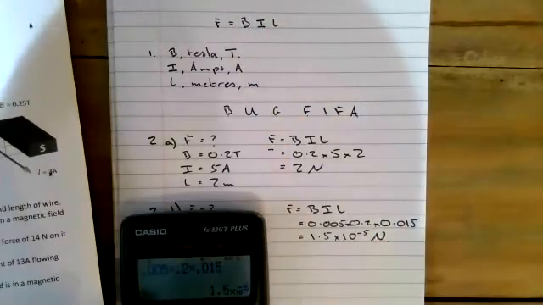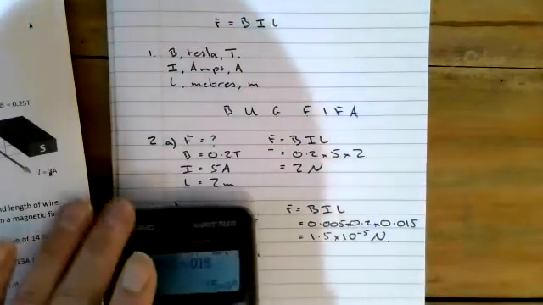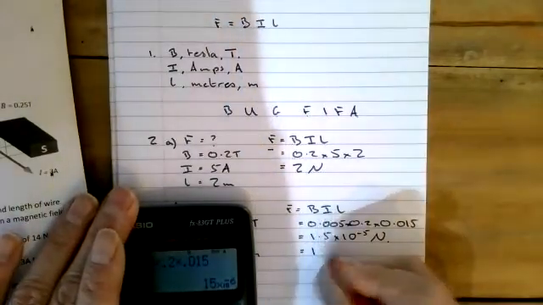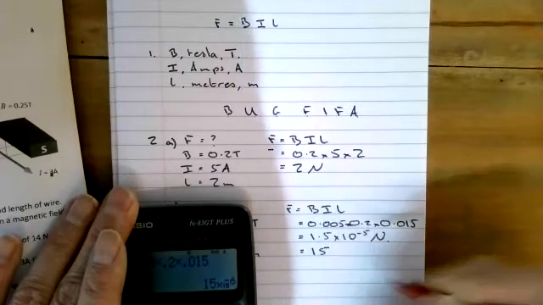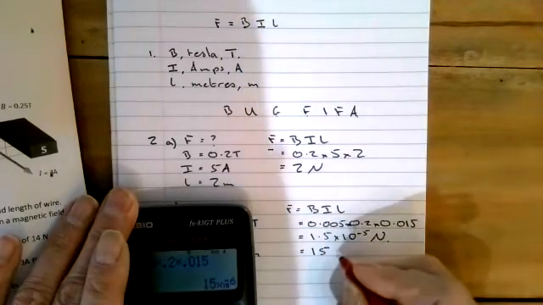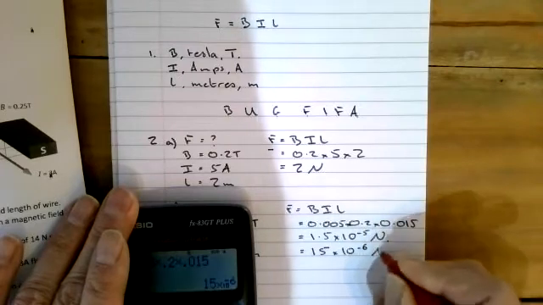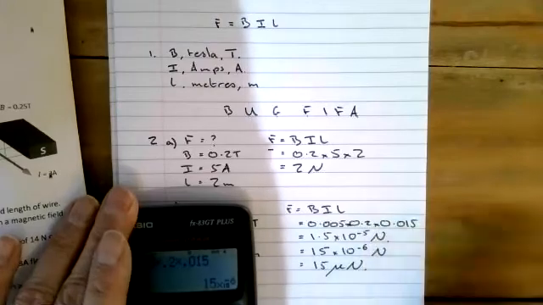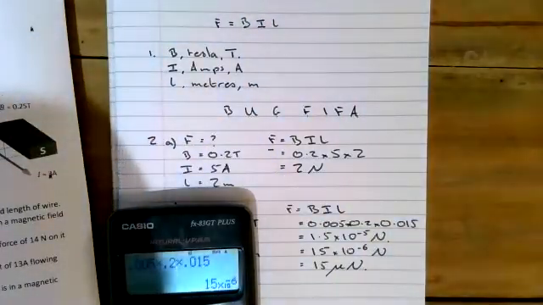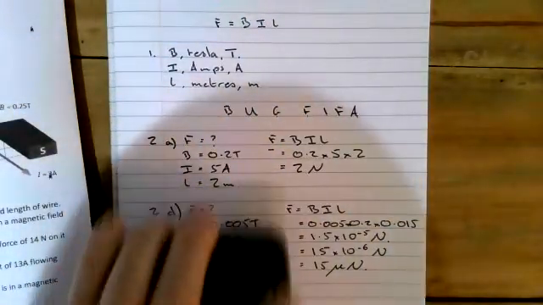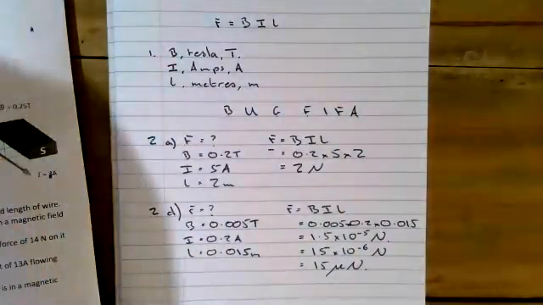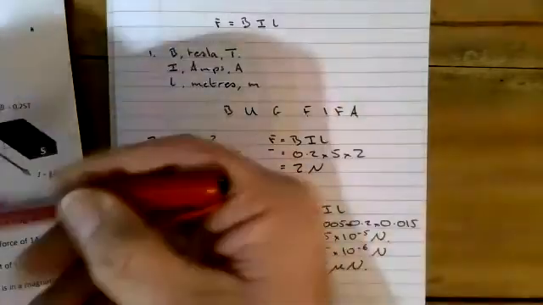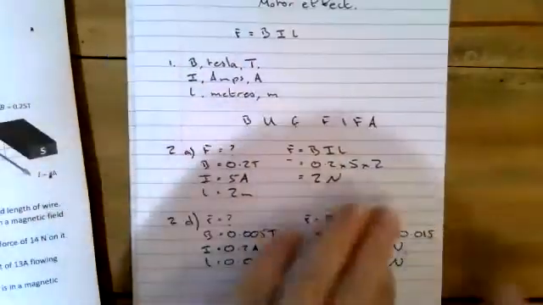Now I can leave it like that, but I'm actually going to use the prefix, and it'll be 15 times 10 to the minus 6 newtons, which is actually equal to 15 micronewtons. So that's the motor effect. That's some of the easy questions, 2A and 2D. I'll leave you to figure out the rest.